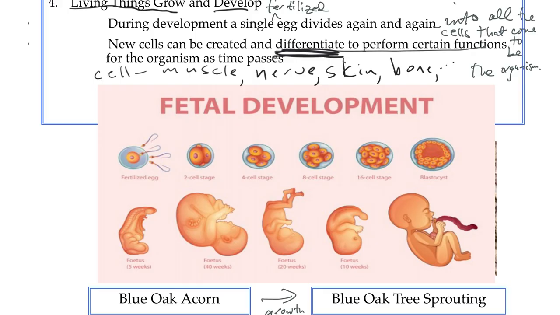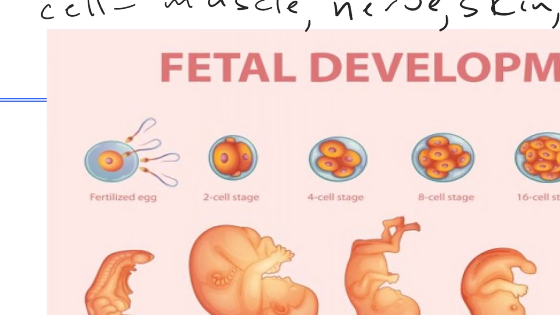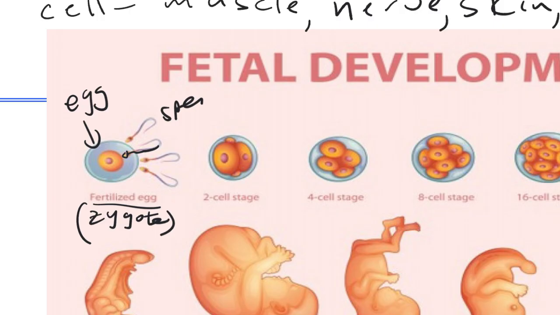In this picture we have an egg that a sperm has entered. Those two nuclei fuse. This is sexual reproduction right here. And it forms a fertilized egg called a zygote. So we have the egg, we have the sperm, and then those cells do cell division.